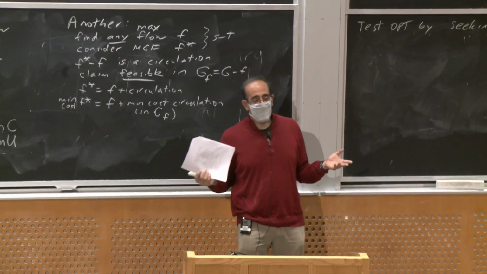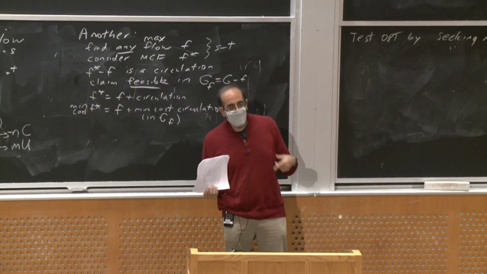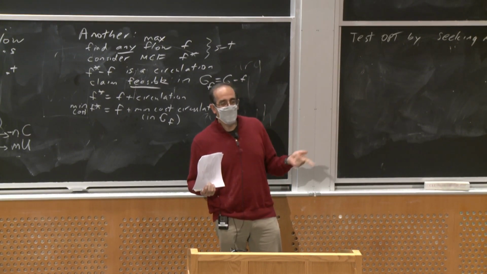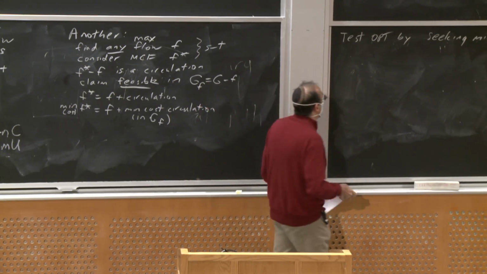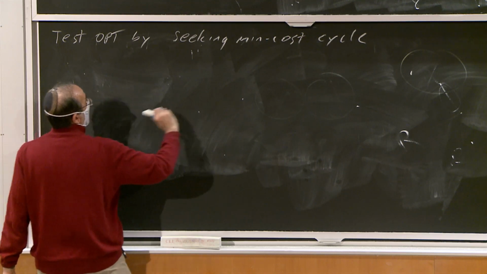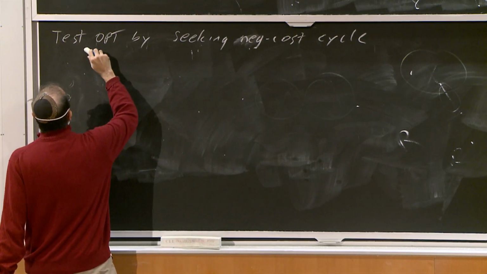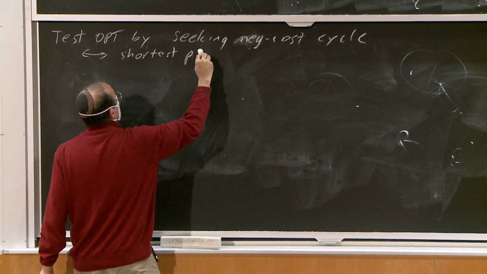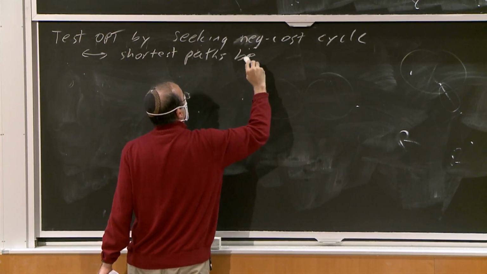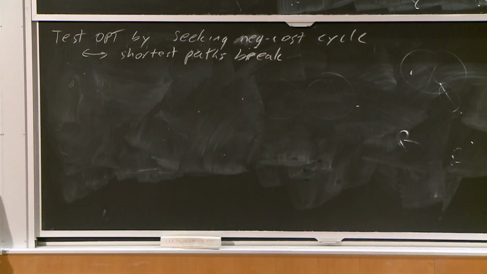However, if there is a negative cost cycle, then if you can reach it on your way from S to T, then you can go around it as many times as you want and make your path from S to T as cheap as you want it to be. You have a negative cost cycle if and only if shortest paths break.